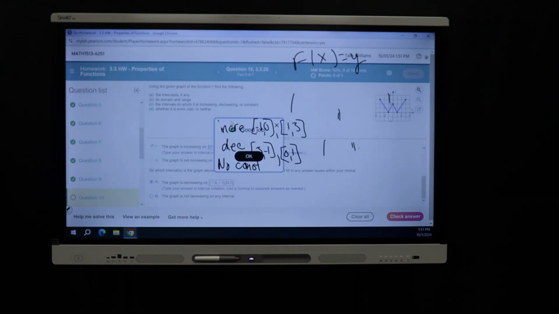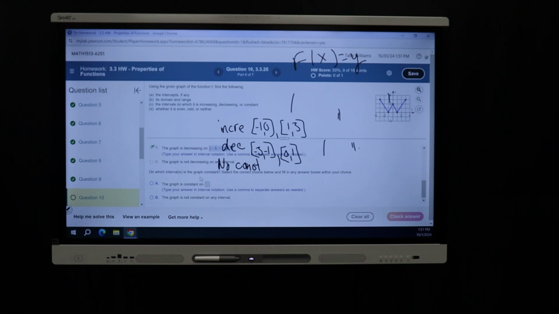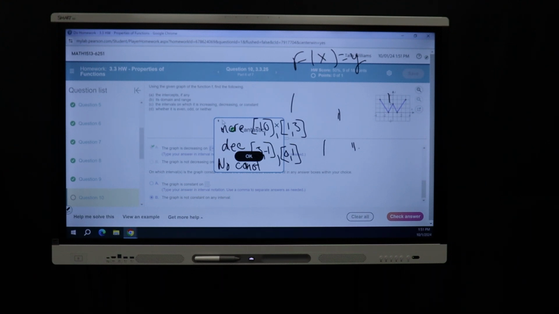Then there's no constant because we do not have a flat line. Lots of marks. Went a little crazy.